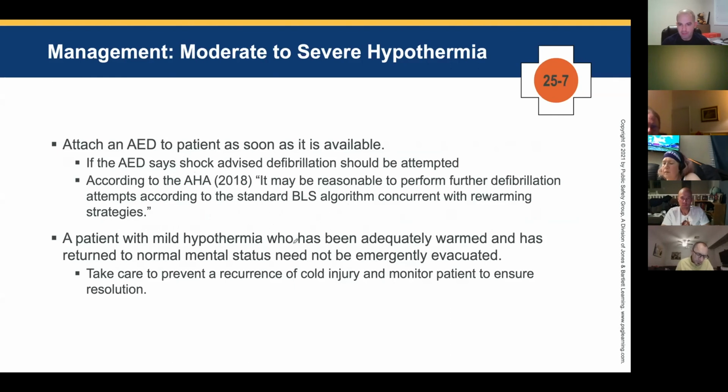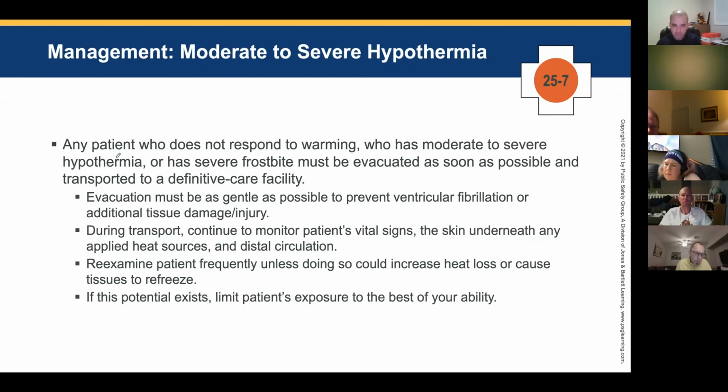A patient with mild hypothermia who has been adequately rewarmed and has returned to a normal mental status need not be emergently evacuated, but we do want to take care to prevent a recurrence of that cold injury and monitor the patient to ensure resolution. Any patient who does not respond to warming, who has moderate to severe hypothermia or severe frostbite, must be evacuated as soon as possible and transported to definitive care.